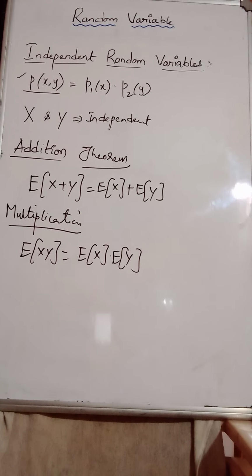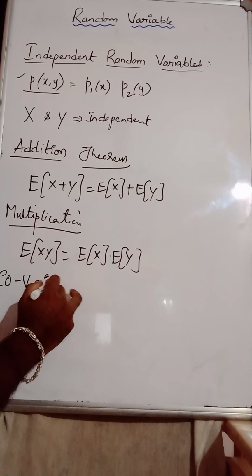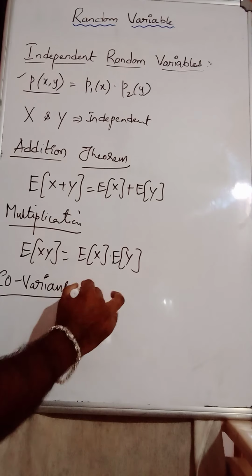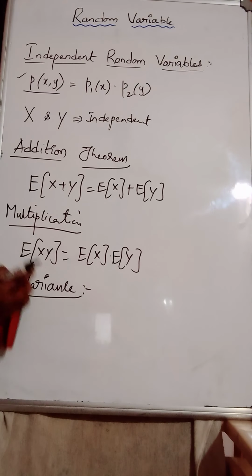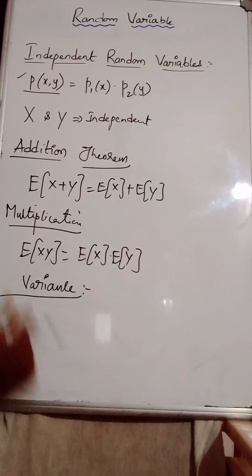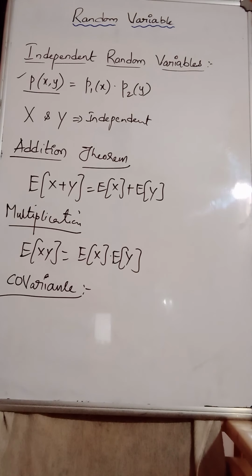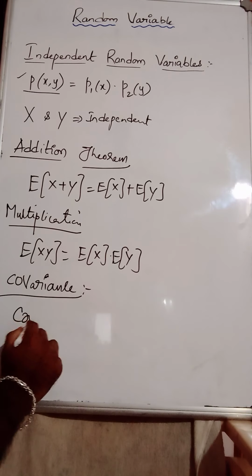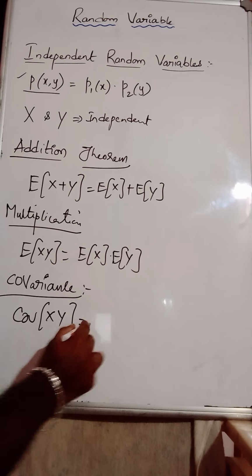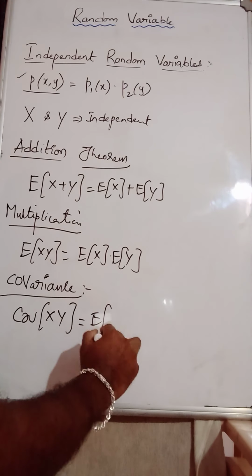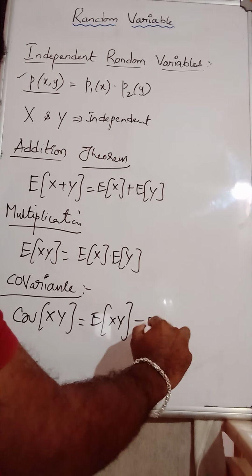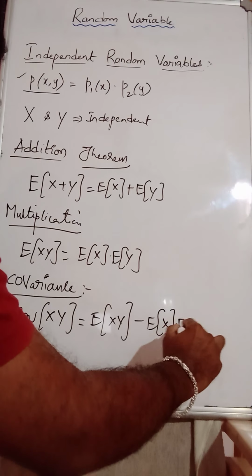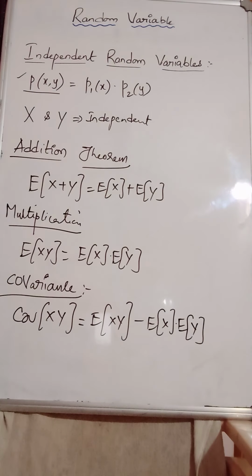Then what do you mean by covariance? These are all the formulas I am saying. The covariance between x and y is, I am writing once again the formula: covariance of xy equals expectation of xy minus expectation of x into expectation of y.